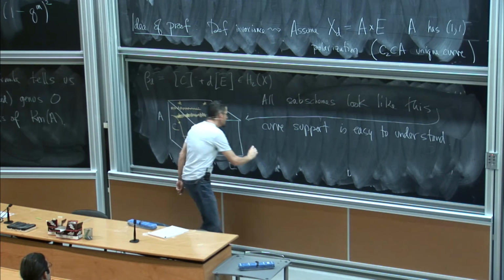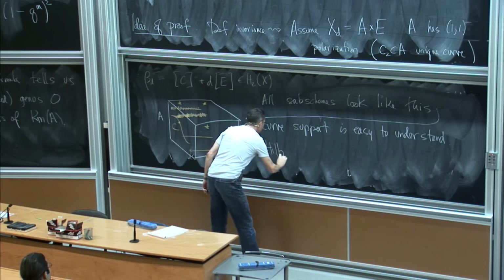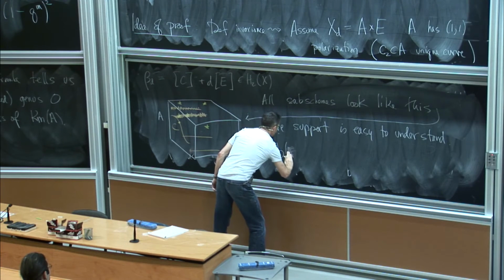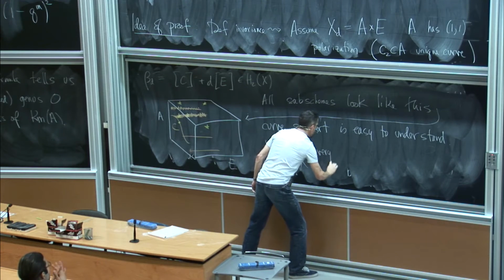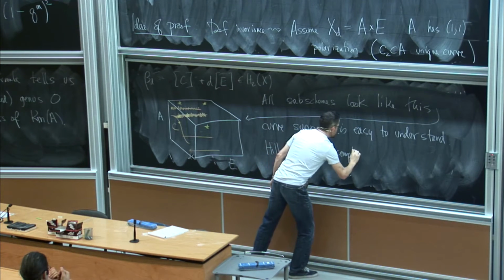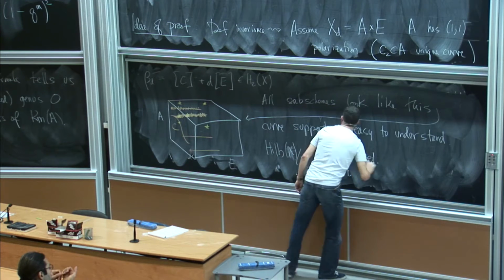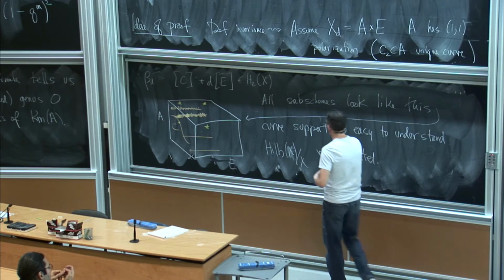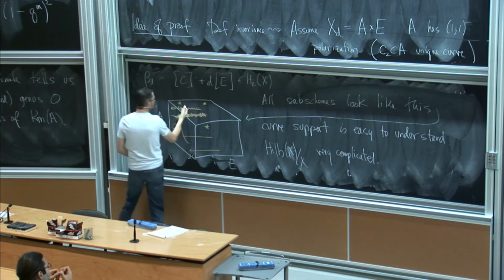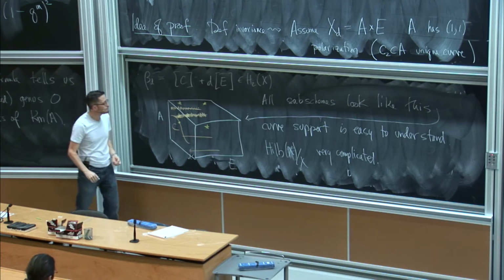So it's true that Hilb of X mod X is still very complicated, but not so much because I don't understand the curves, but more in that you can really have these kinds of arbitrary thickenings at embedded points.